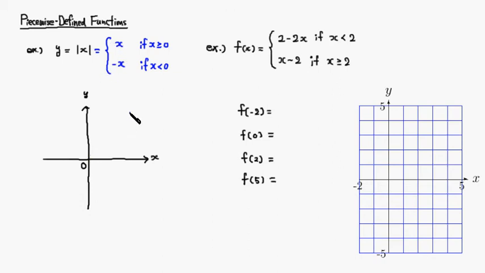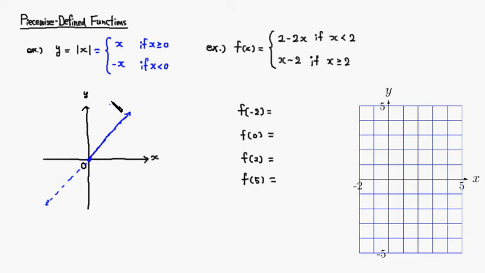It looks like this. We get to keep this graph if x is greater than or equal to 0, so starting from 0, we keep this portion of the graph.